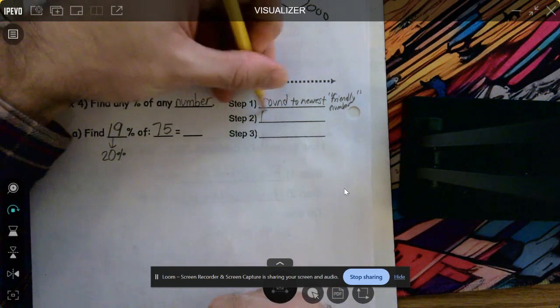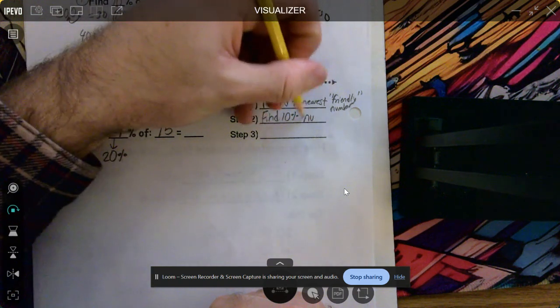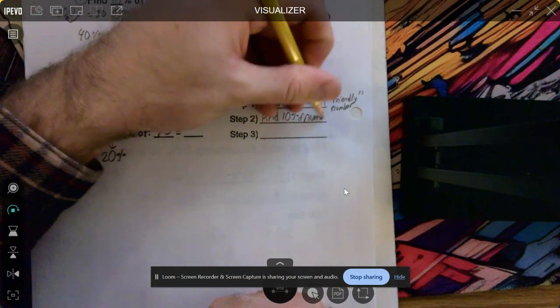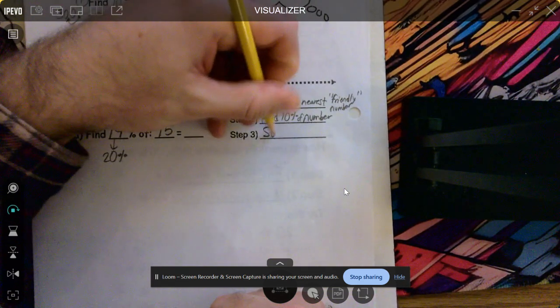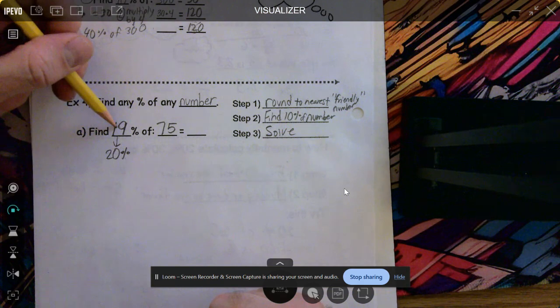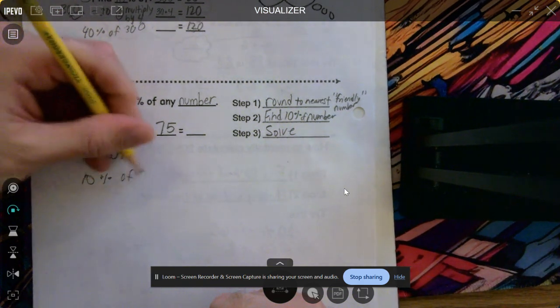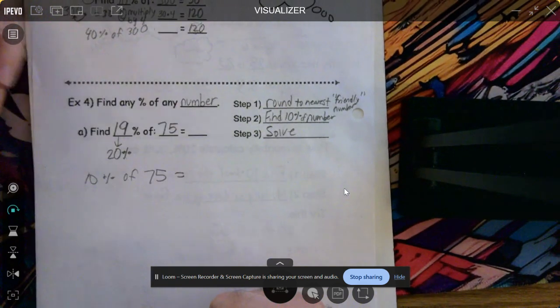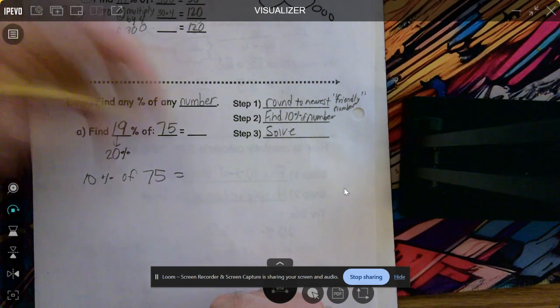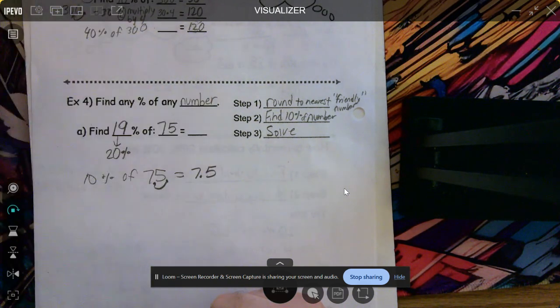Then we're going to find 10% of that number. Then we're going to solve. So we might not be able to find 19% very easily mentally, but we can find 10%. So 10% of 75. Go ahead and pause the video and try that. So you should have gotten 10% of 75 is 7.5.